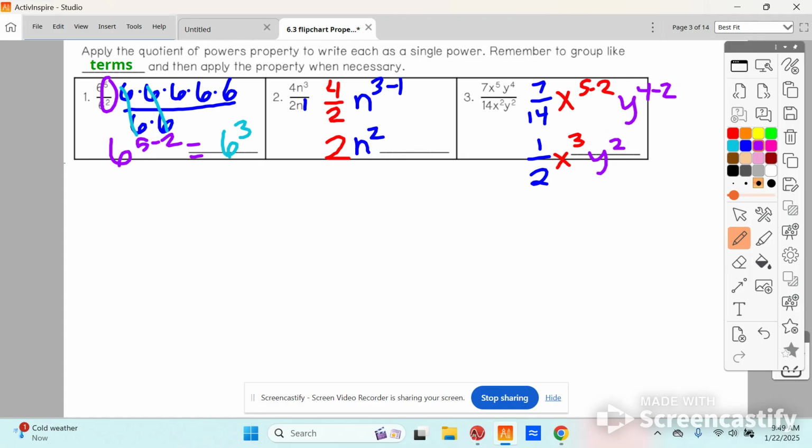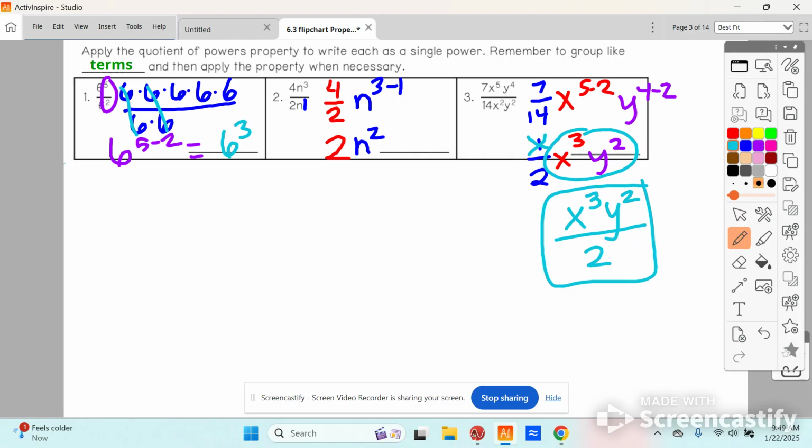So this would simplify to 1/2 x cubed y squared. If I want to simplify it further, I can put the x cubed y squared in the numerator, and my 2 stays in the denominator. But I can eliminate the 1 because multiplying by 1 does not change the value. So this would be my most simplified option.